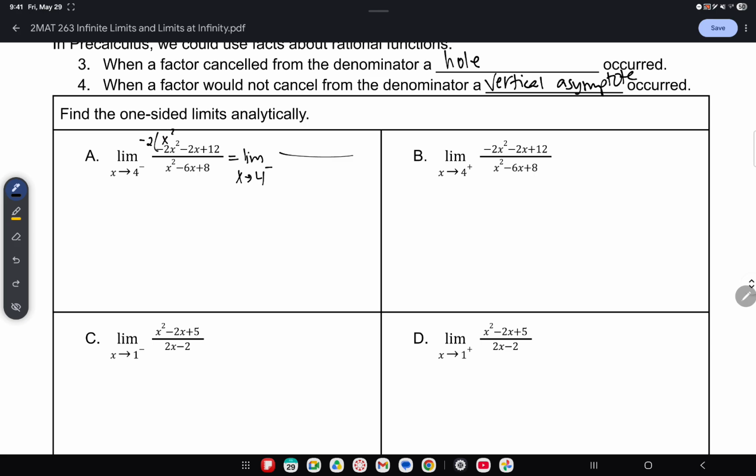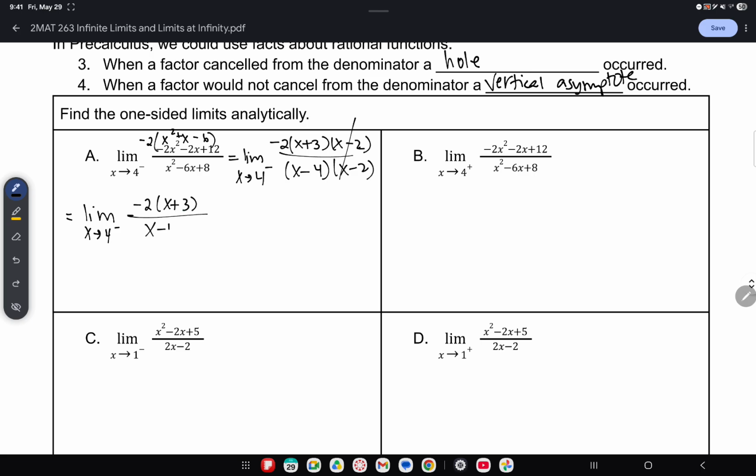I'll be left with x squared plus x minus 6. And then I can factor that further to being x plus 3, x minus 2. And then in the bottom, I could factor that to be x minus 4, x minus 2. So I could cancel out the factor of x minus 2. So there's a hole in the graph at 2.